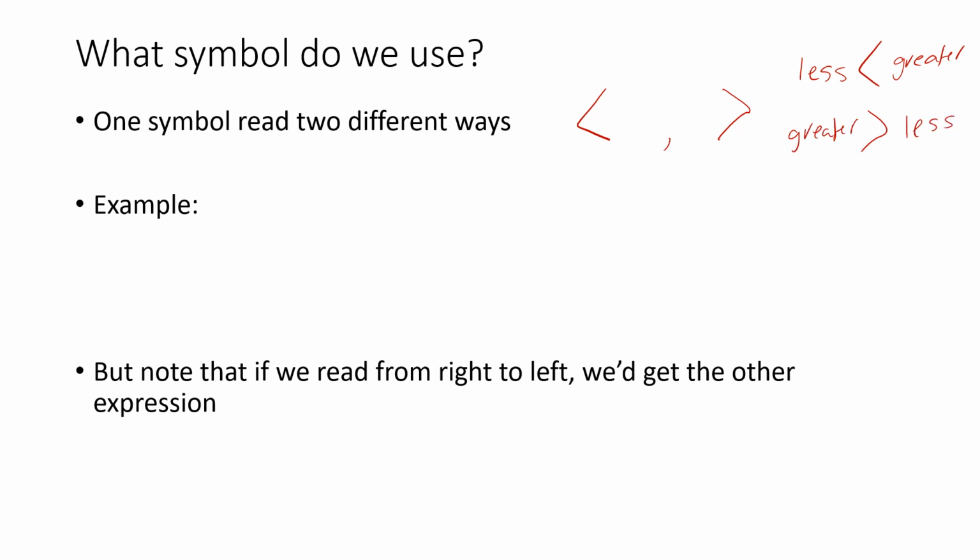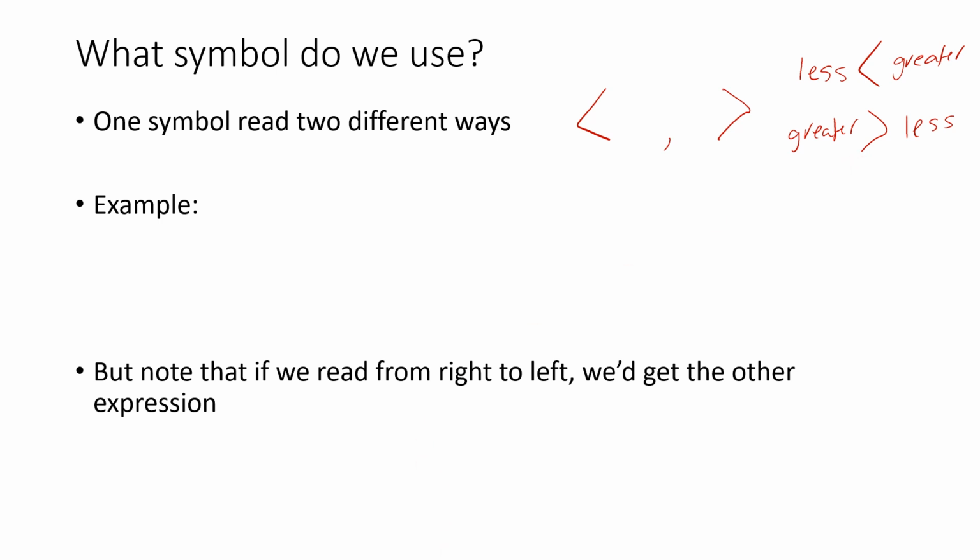I've also heard that if you're looking at it this way, it looks like a tilted L, so you read it as less than. All of that can help, but it's kind of a Band-Aid put on really understanding what the symbol means. If you understand what the symbol means, then you won't have an issue with reading it the right way.